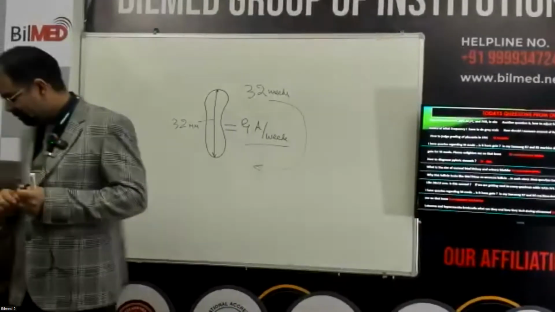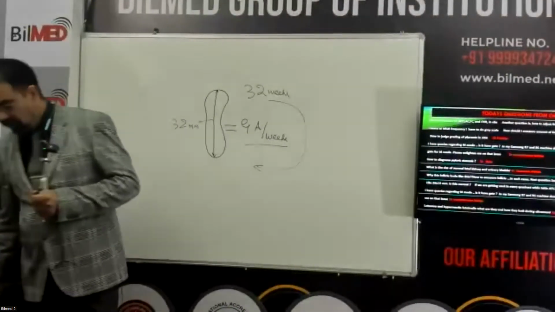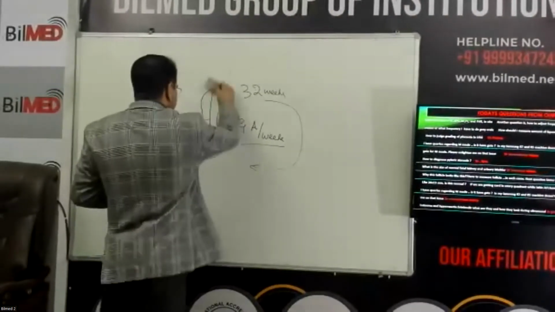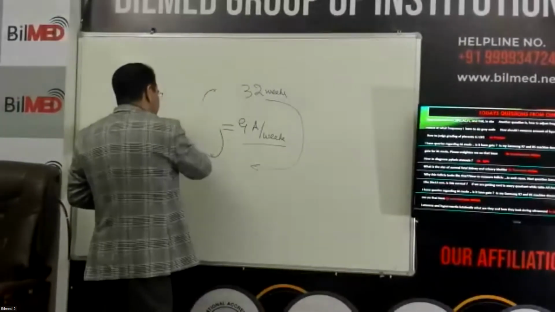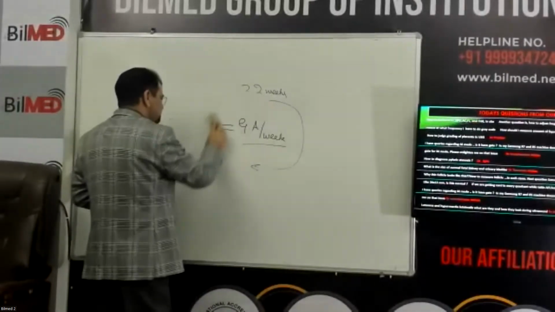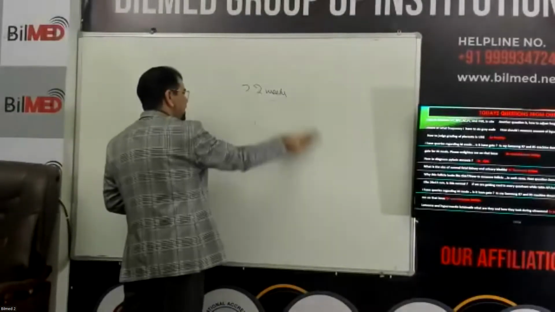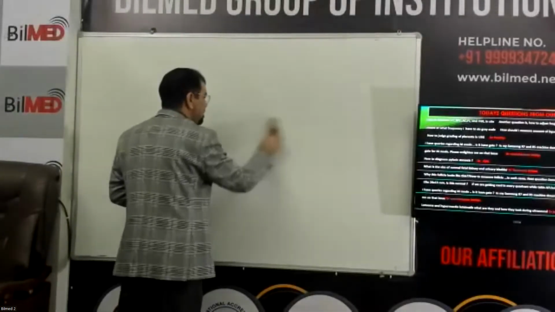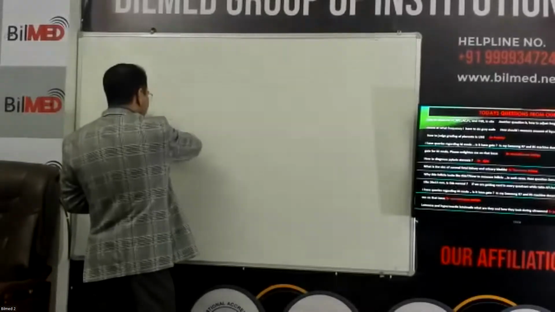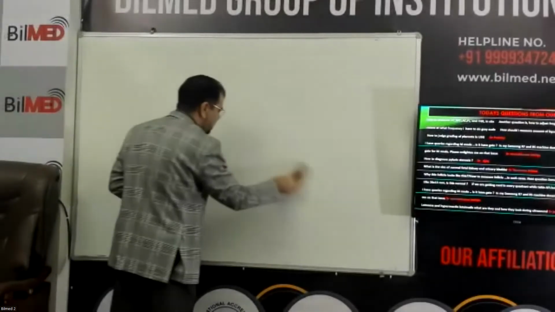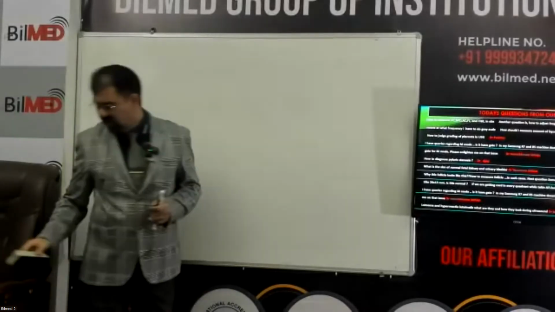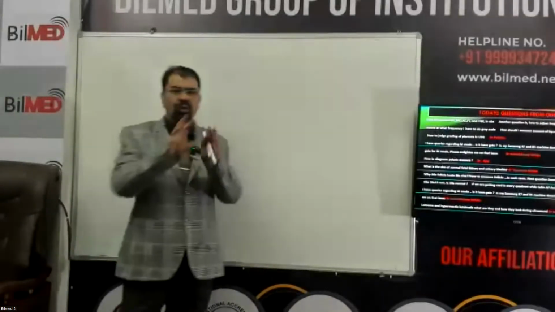Now, in ovaries, not always there will be only one follicle, I mean the dominant follicle. Sometimes there can be multiple follicles. There can be 5, 10, 11 follicles in the ovary.